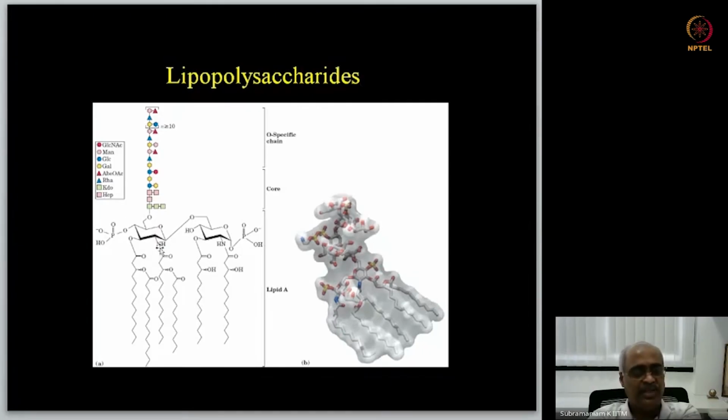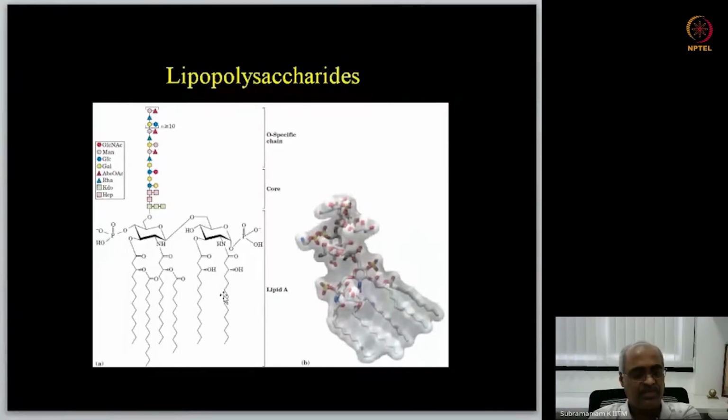Here you have this N-acetyl group. And here instead of uronic acid, a carboxyl group or a sulfate, you have phosphoric acid attached. That is all. Otherwise it is just regular N-acetyl glucosamine, and this is another N-acetyl glucosamine, and they have multiple fatty acid moieties attached.